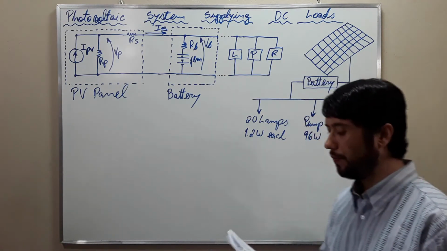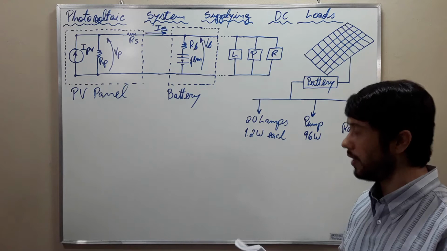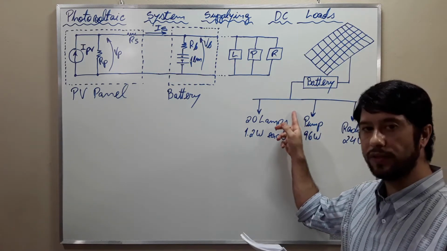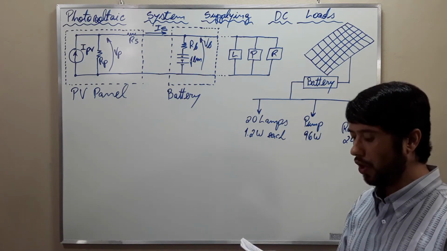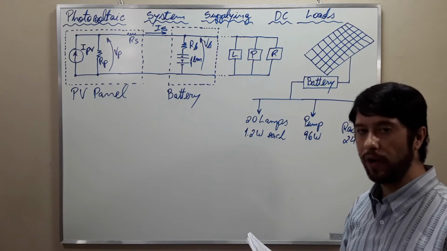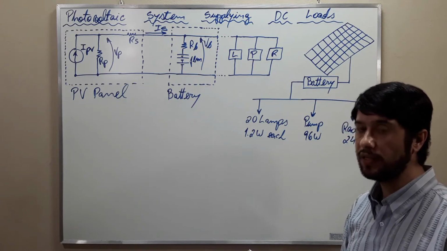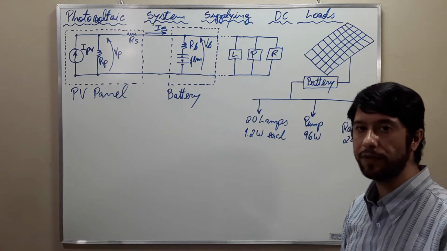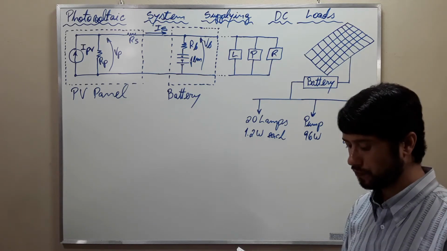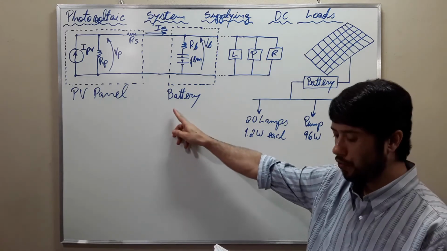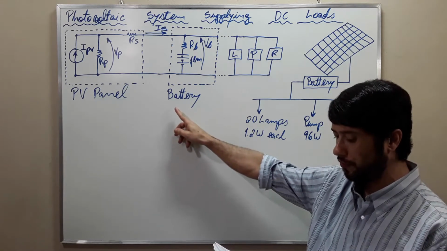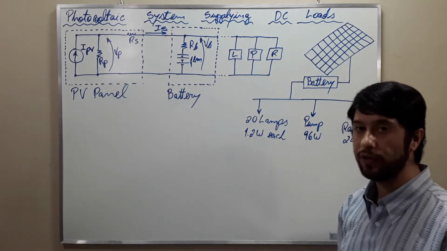The figure shows an isolated photovoltaic system supplying only loads that operate in direct current, since the system does not have an inverter. The circuit represents a simplified model of the photovoltaic system.